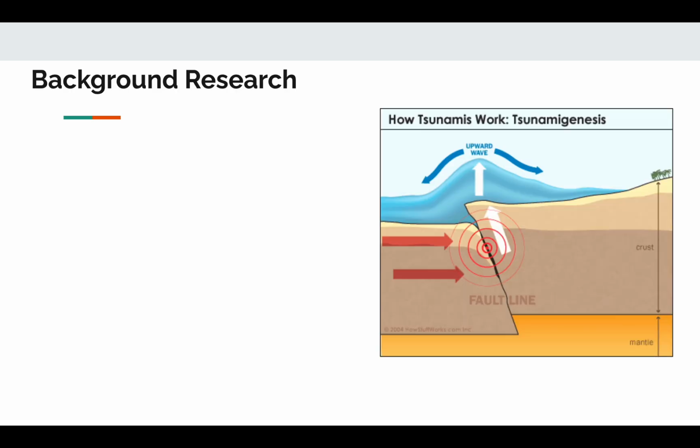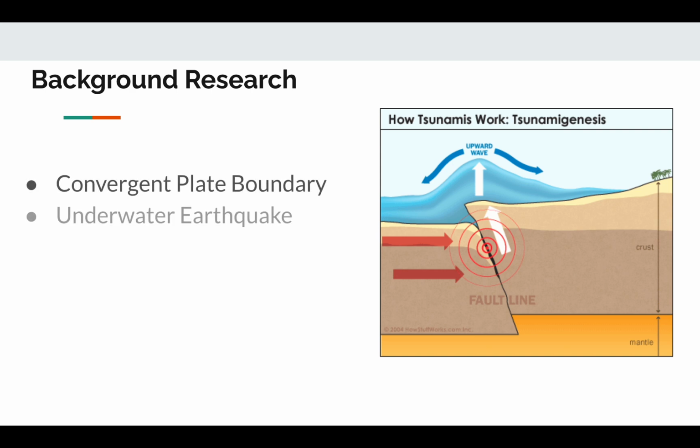In order to help you understand the science behind tsunamis, you need to understand how they relate to convergent plate boundaries, underwater earthquakes, and energy. During plate motion at convergent plate boundaries, one plate's going to slide underneath the other. This is called subduction.